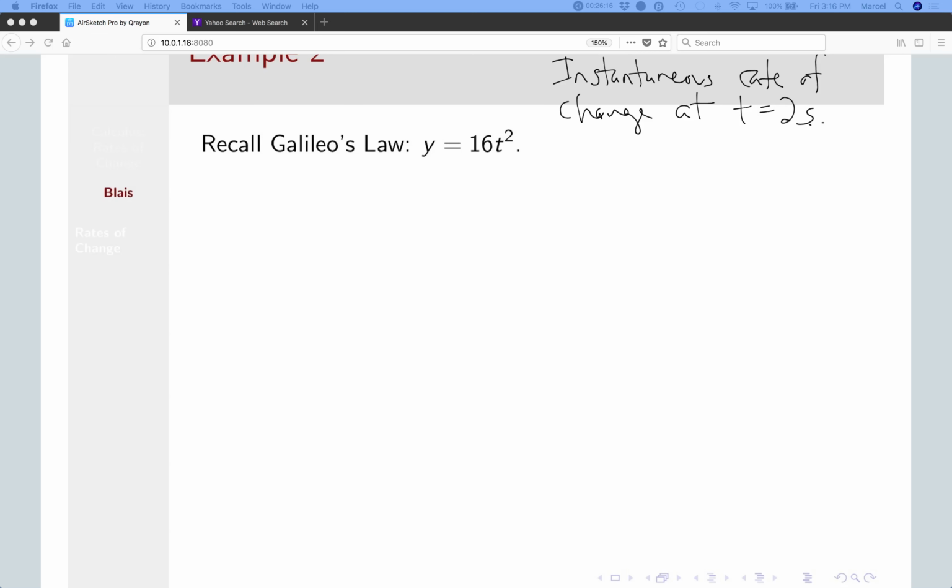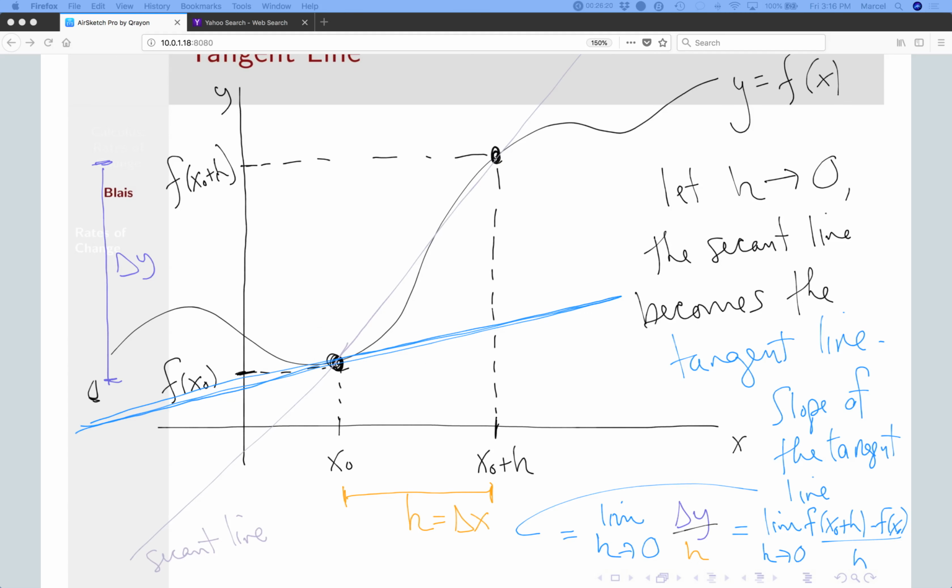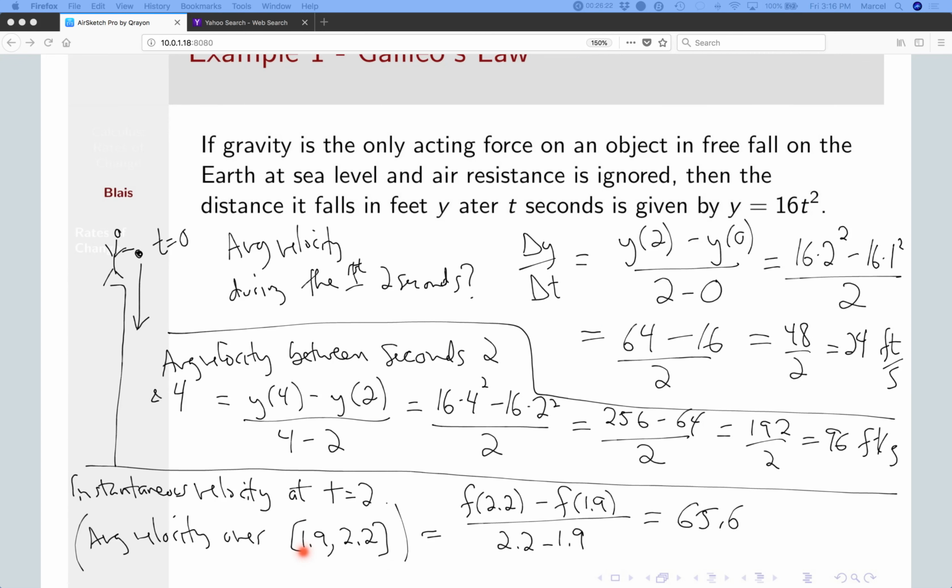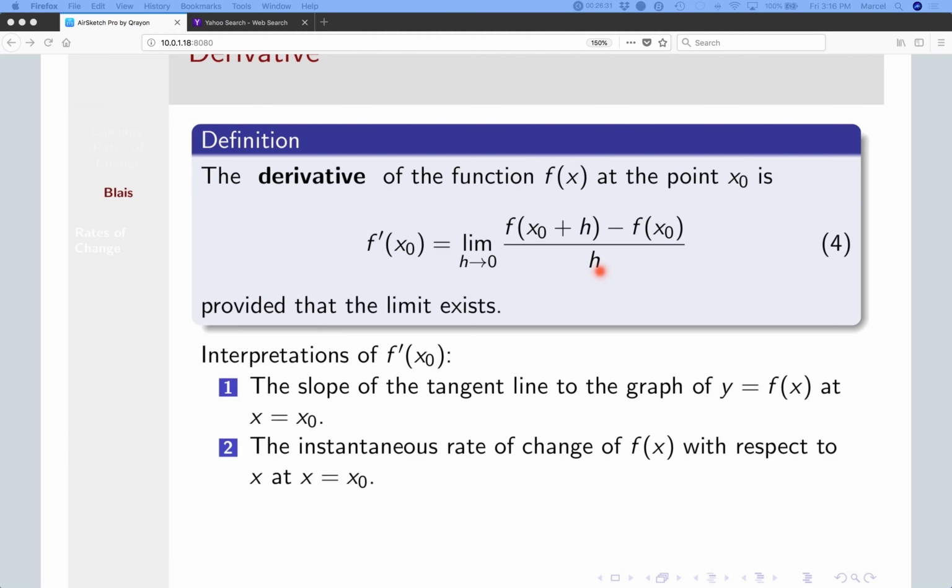Well, now, if we go back, recall that we said, well, let's do the average rate of change over a small interval that contains that 2. Why don't we actually use this definition to find the instantaneous rate of change at 2 seconds? That would be our derivative, or as we often call this, f prime of 2.